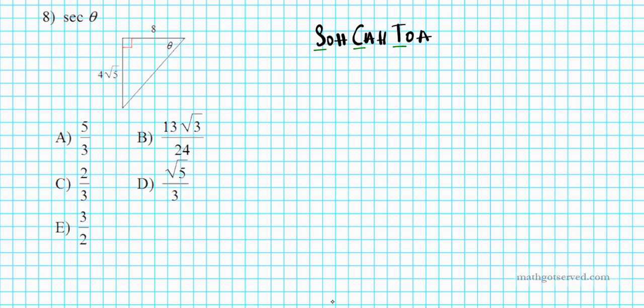Secant is a reciprocal of cosine. So if cosine, according to Ka in SohCahToa, is adjacent over hypotenuse, it follows that secant, its reciprocal, is hypotenuse over adjacent. Okay?